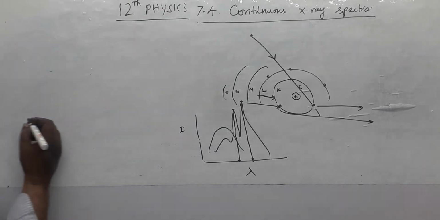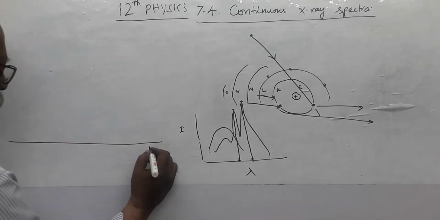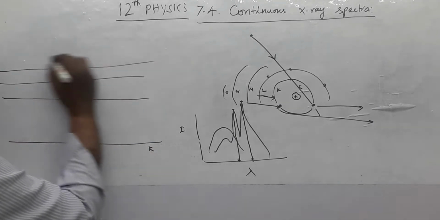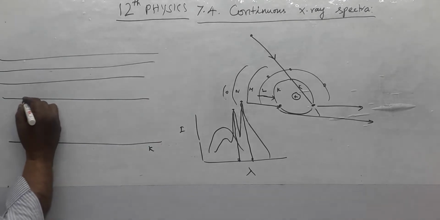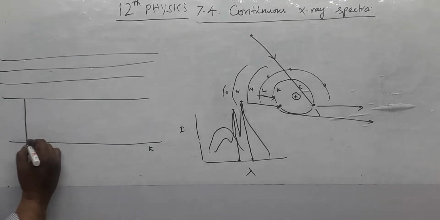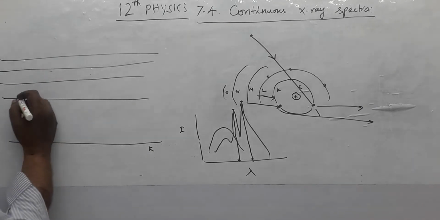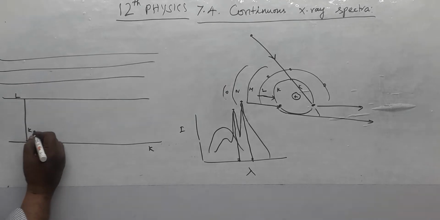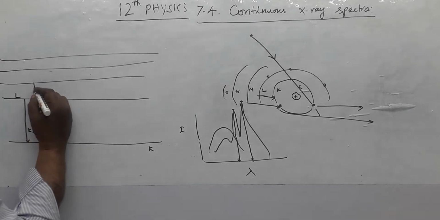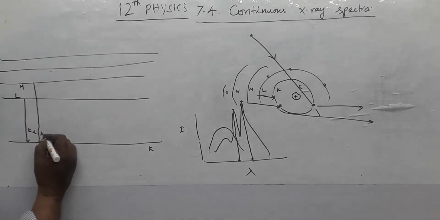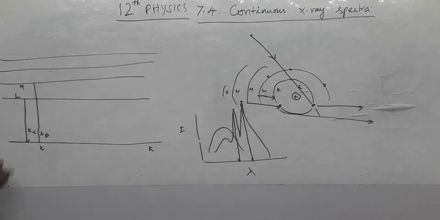For example, we can consider this is called the K orbit. This is called L, M, N, O. If any electron which fills the K orbit jumped from the L orbit, then this is called K alpha. If it jumped from the M to the K orbit, K beta. Now, what is the energy difference between these two?